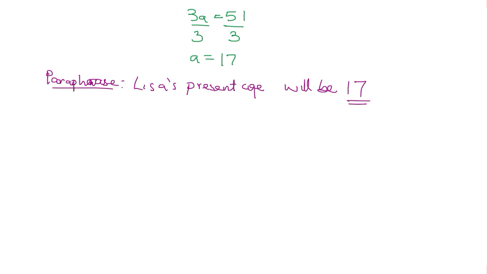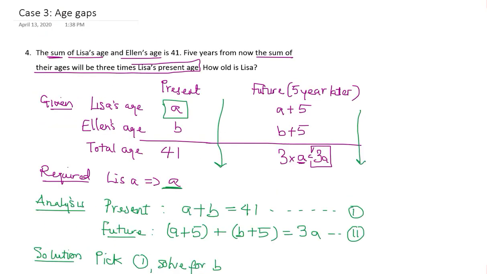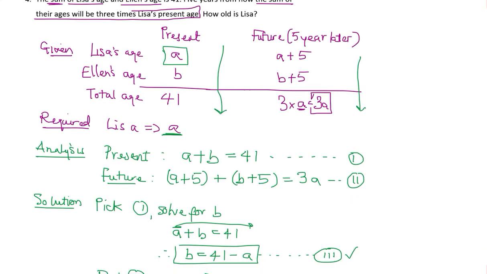And if Lisa's present age is 17 years, we can actually determine what Ellen's age is by subtracting 17 from 41 based on the present age. And if you want to find the future age, you can also substitute your A and B answers, and you can find the total age of their future, which is 5 years from now.